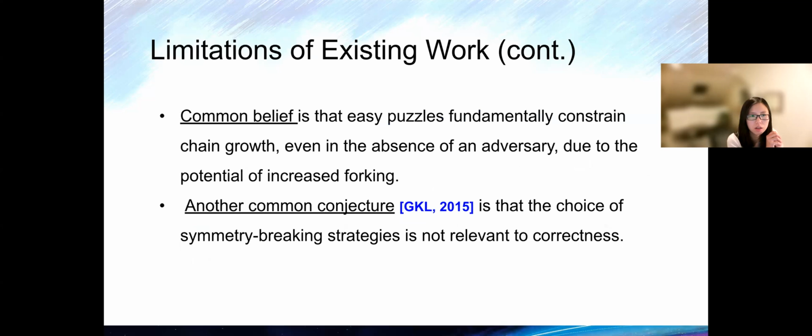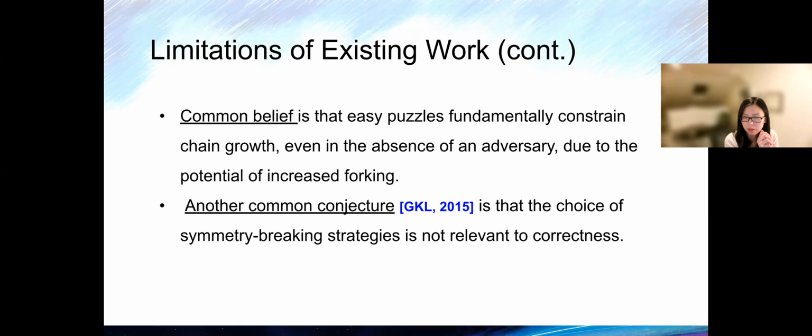There are also a couple of common beliefs that I would like to re-examine in this work. The first common belief is that an easy puzzle, even in the absence of adversary, will create many forks, and such forks prevent the common prefix from growing over time.